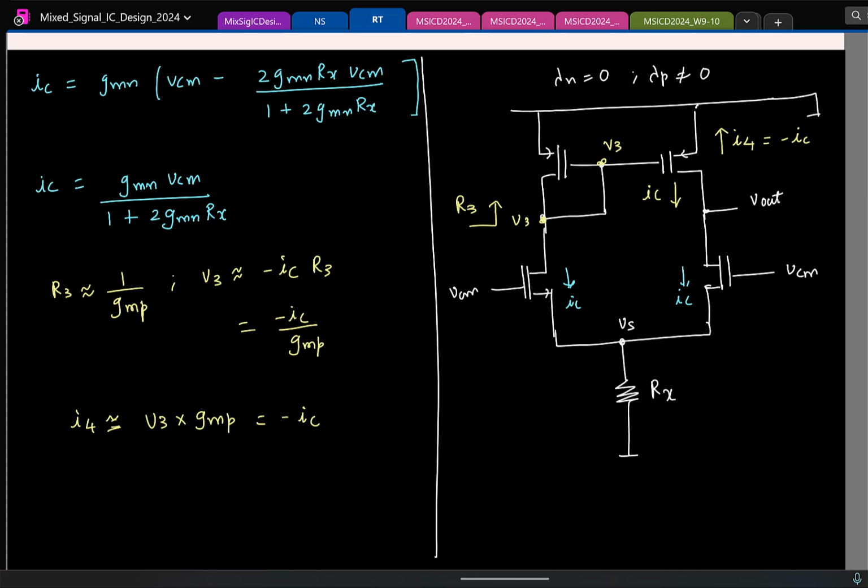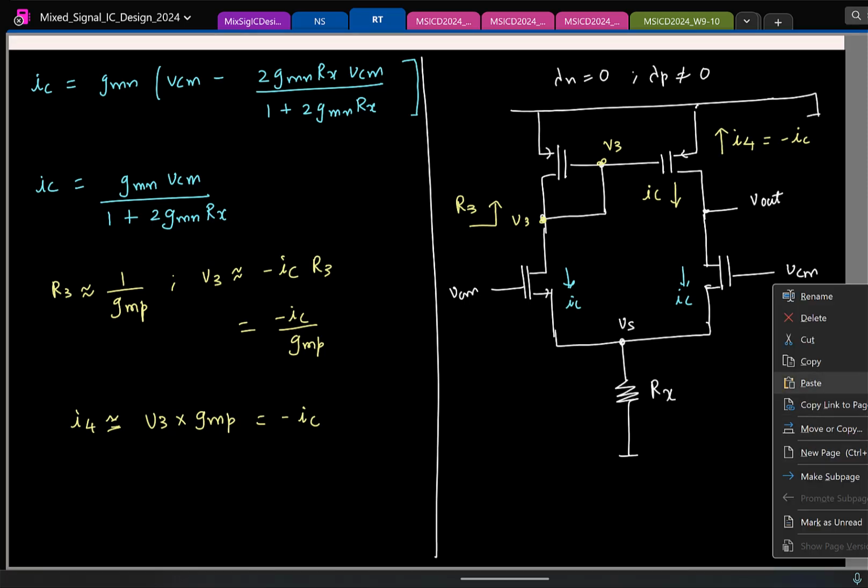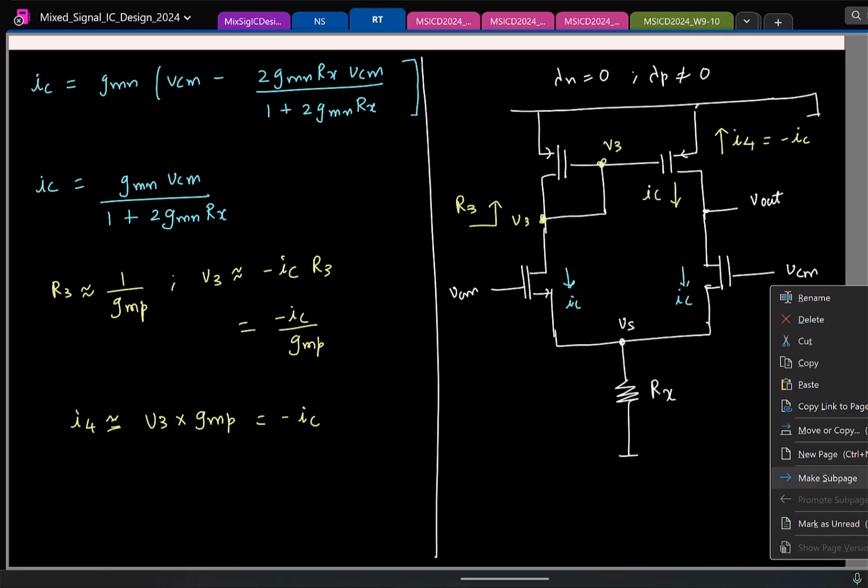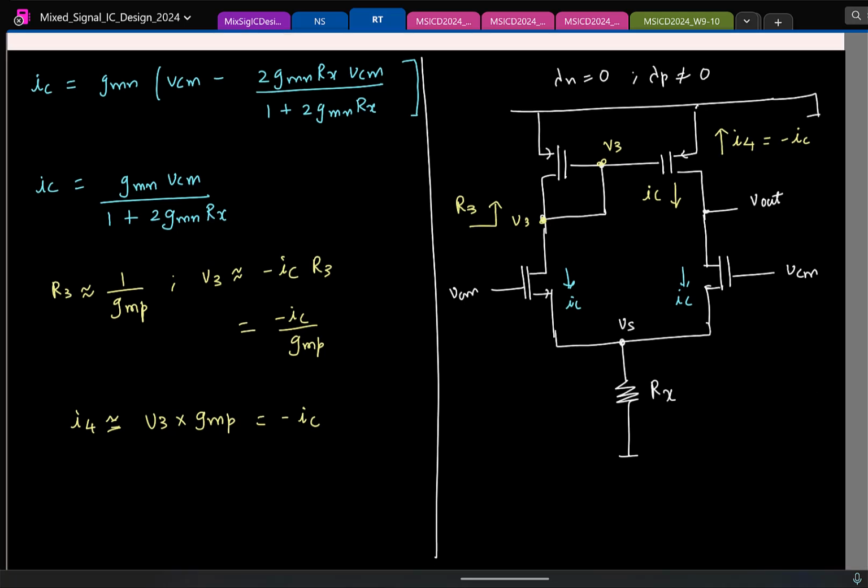So let's not make this approximation and do the full thing. What I told is fine. You guys correctly pointed out that the R3 here will also contain RDS of the PMOS.